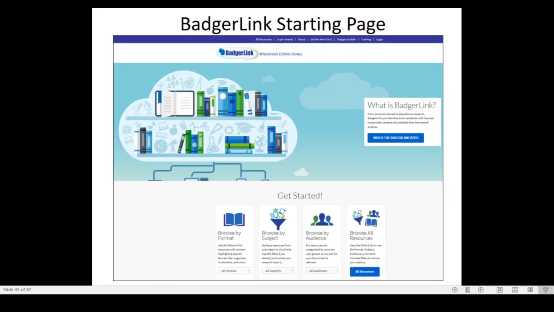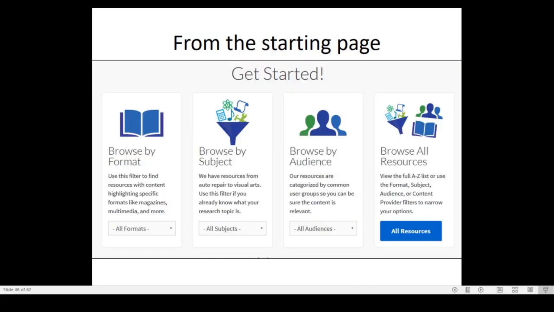So this is the starting page of the BadgerLink site. And the things we want to look at are down here, so I'm going to blow that up. Okay. You can go in either one of these two, to be honest with you. You can browse by subject or you can browse by format. We'll look at what's there. Either one will get you there.